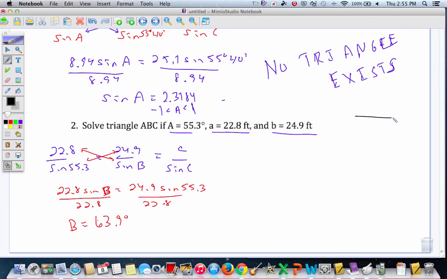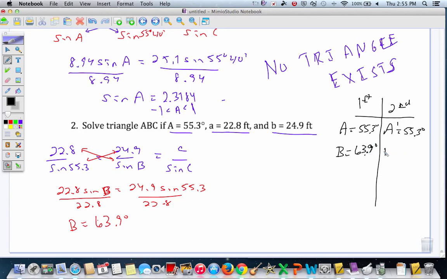Now my suggestion from here would be set up a little T-chart to check for a second triangle. Triangle number 1 and triangle number 2. Regardless of whether they have 1 or 2 triangles, angle A is given to us. It's not going to change. Angle A or angle A prime is going to be 55.3 degrees.